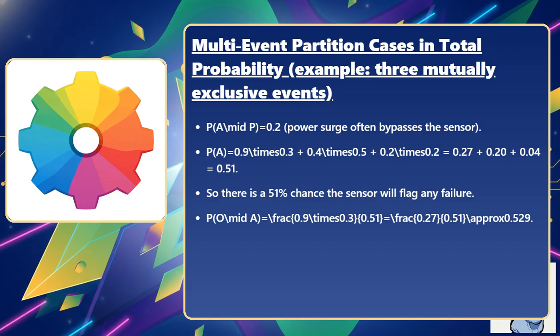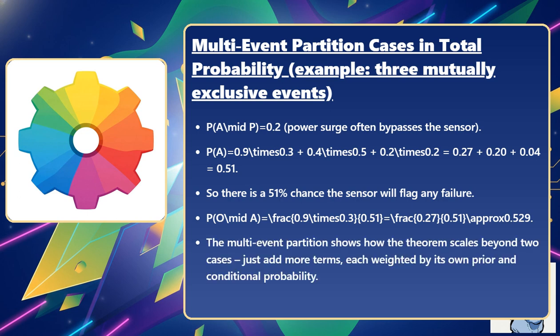P(O given A) equals (0.9 times 0.3) divided by 0.51, equals 0.27 divided by 0.51, approximately 0.529. The multi-event partition shows how the theorem scales beyond 2 cases. Just add more terms, each weighted by its own prior and conditional probability.